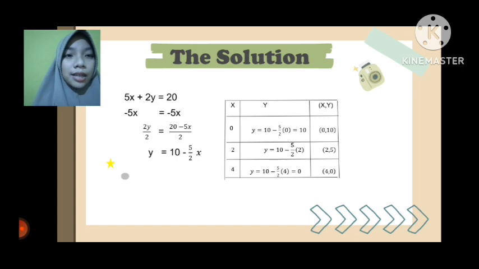Now we choose x is 0. When x is 0, y is 10, because 10 minus 5 per 2 times 0 is 10, and we get the coordinate: when x is 0, y is 10.